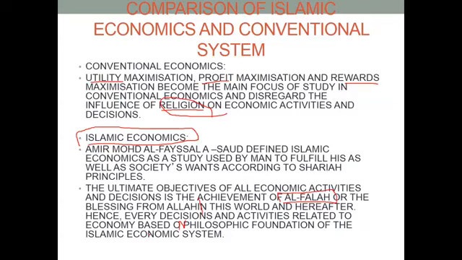So two time horizons. Conventional only one, dunya. That's why they excluded the religion. That's why religion is excluded.